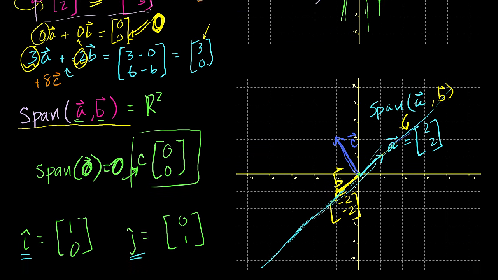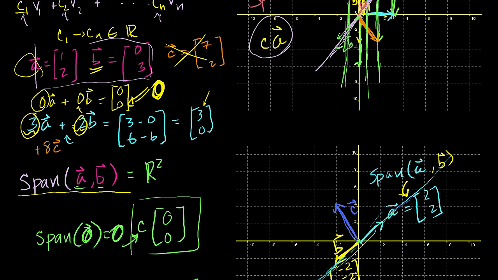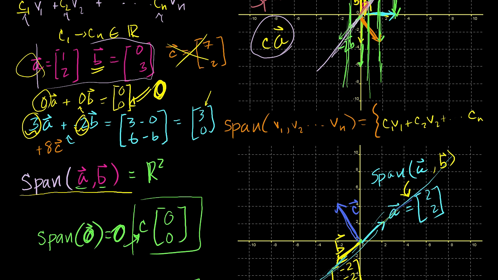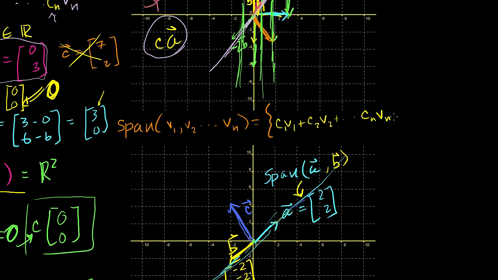But let me just write the formal mathy definition of span, just so you're satisfied. If I were to write the span of a set of vectors, v1, v2, all the way to vn, that just means the set of all of the vectors where I have c1 times v1 plus c2 times v2 all the way to cn vn.